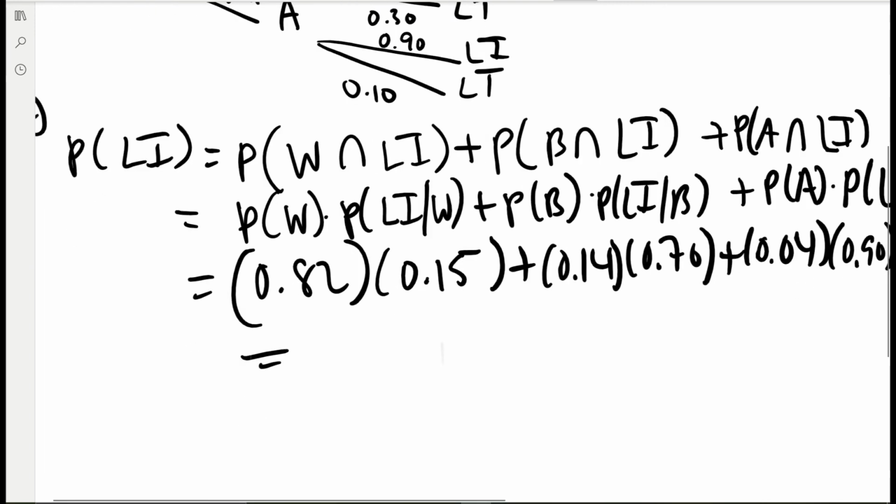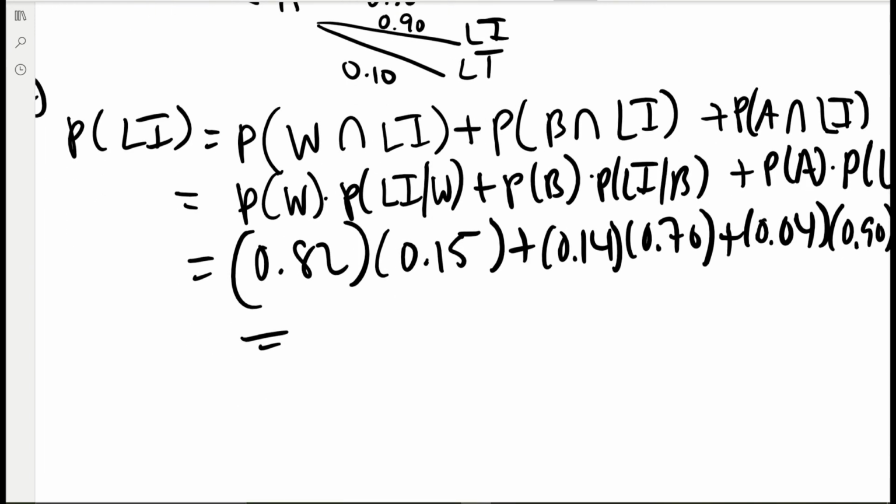All right, and then we calculate those probabilities and we'll see what we get on the calculator. Looks like the probability here is 0.257.